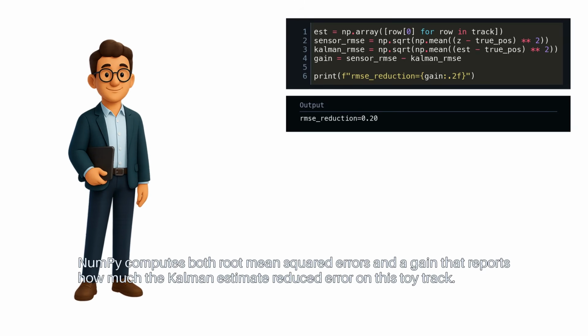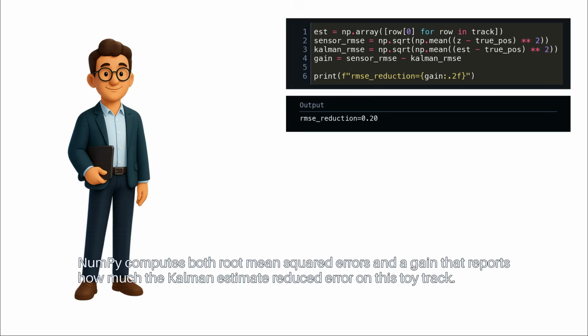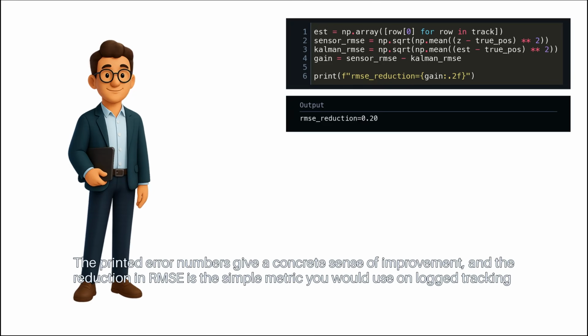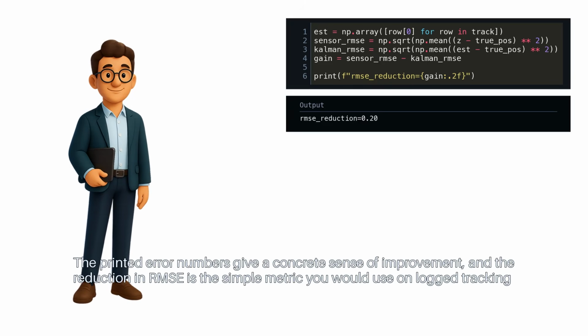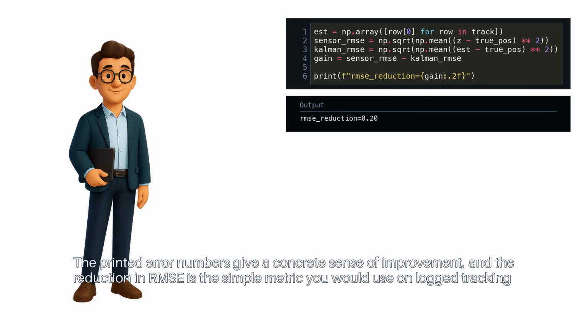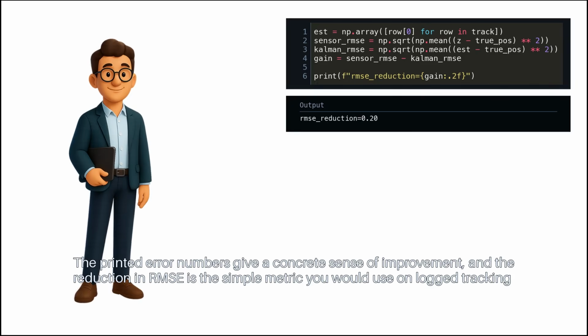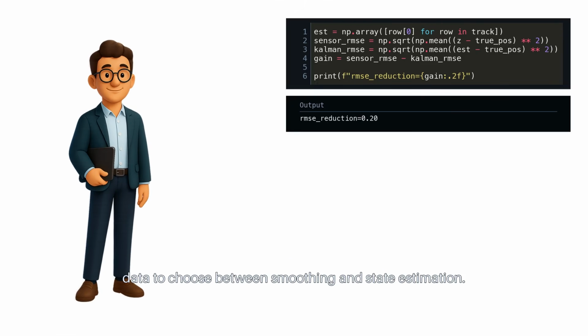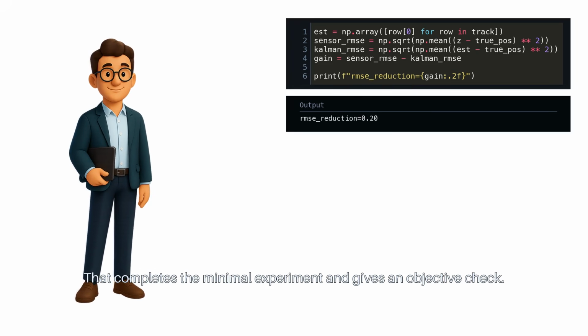NumPy computes both root mean squared errors and a gain that reports how much the Kalman estimate reduced error on this toy track. The printed error numbers give a concrete sense of improvement, and the reduction in RMSE is the simple metric you would use on log tracking data to choose between smoothing and state estimation. That completes the minimal experiment and gives an objective check.